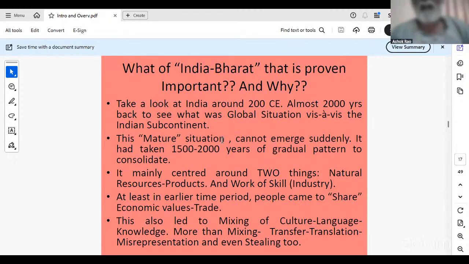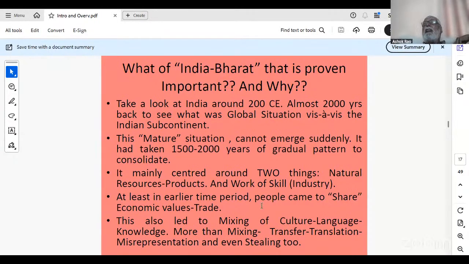It had taken 1500 to 2000 years before that for the gradual pattern to consolidate to what we see. 2000 years back, it mainly centered around two things: natural resources and products made out of natural resources, which was basically work of skill, industry.